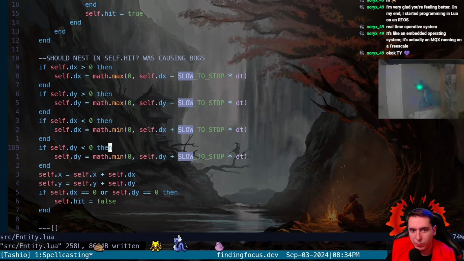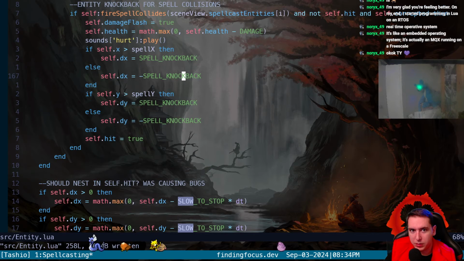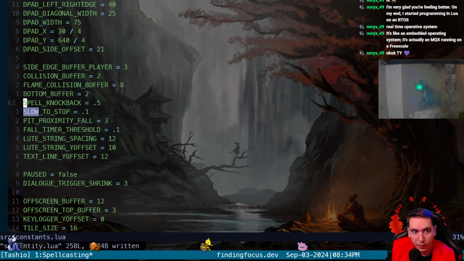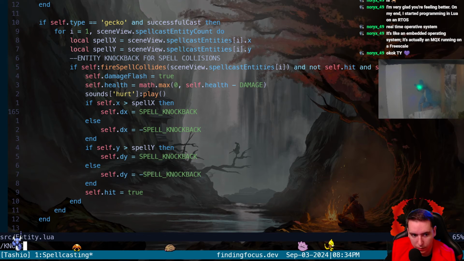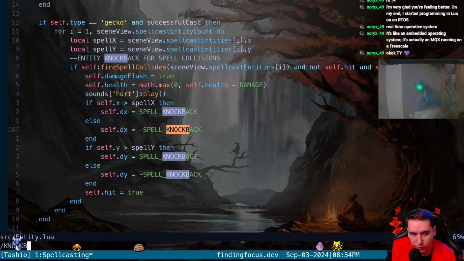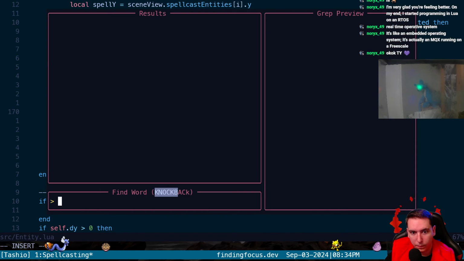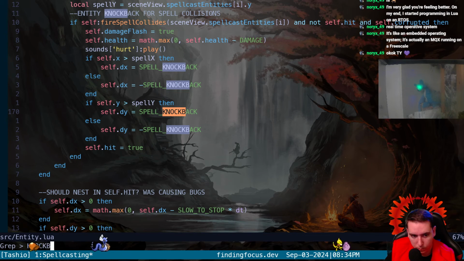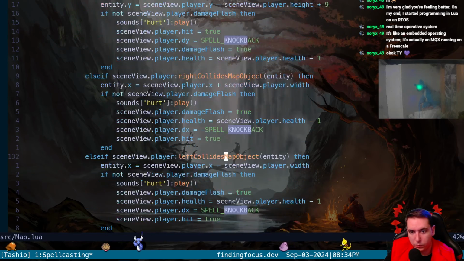I mean, I guess what we could do, we could set our spell knockback to be equal to 1, just for some easy math. We say, okay, if we get hit, and this is in the gecko, this isn't in the player, which I think is also confusing me a bit. Okay.